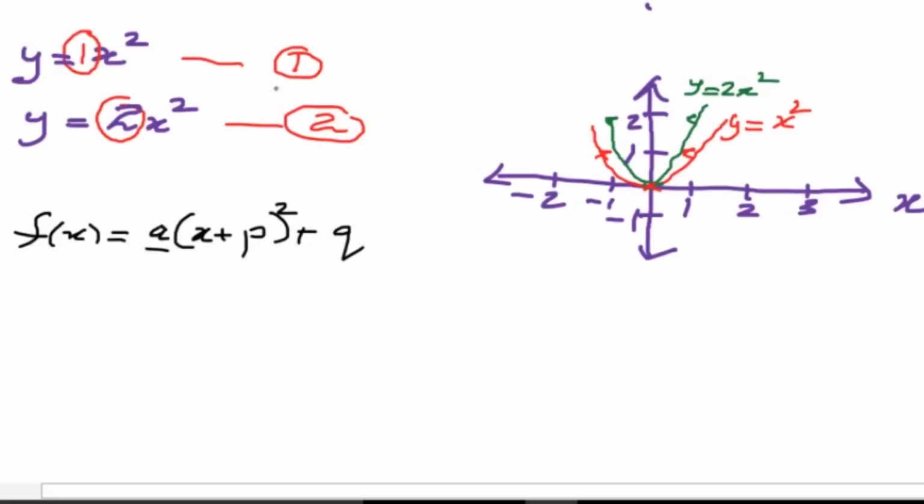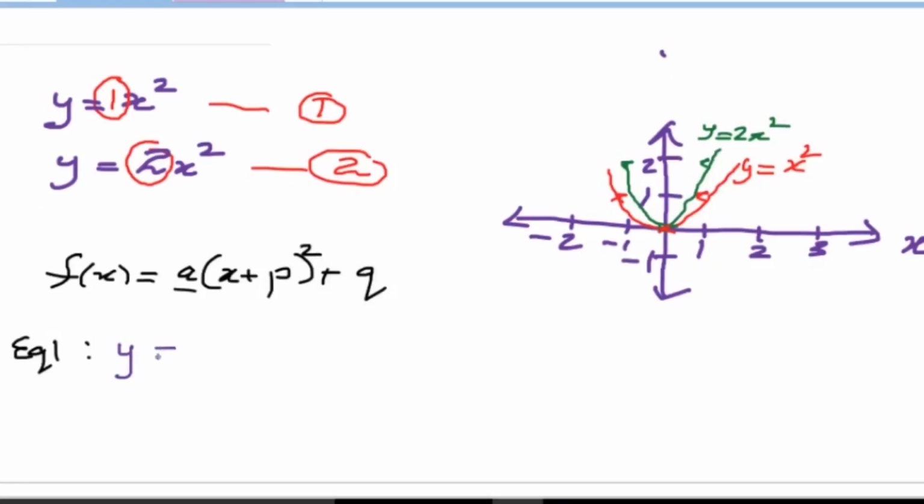Let us write equation 1 in standard notation with the understanding that this number here is the value of a. Equation 1 is y equals a is 1, x plus p is 0, and q is 0.